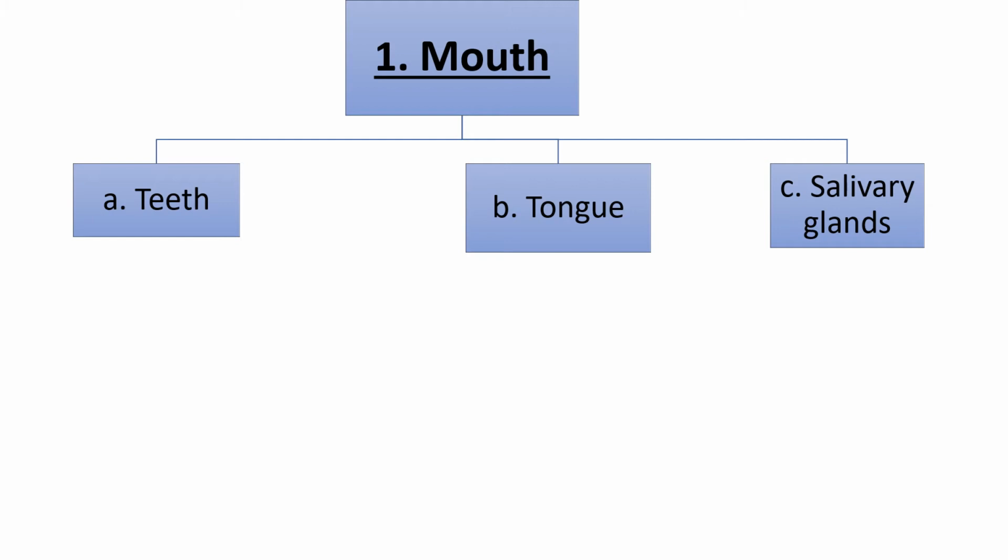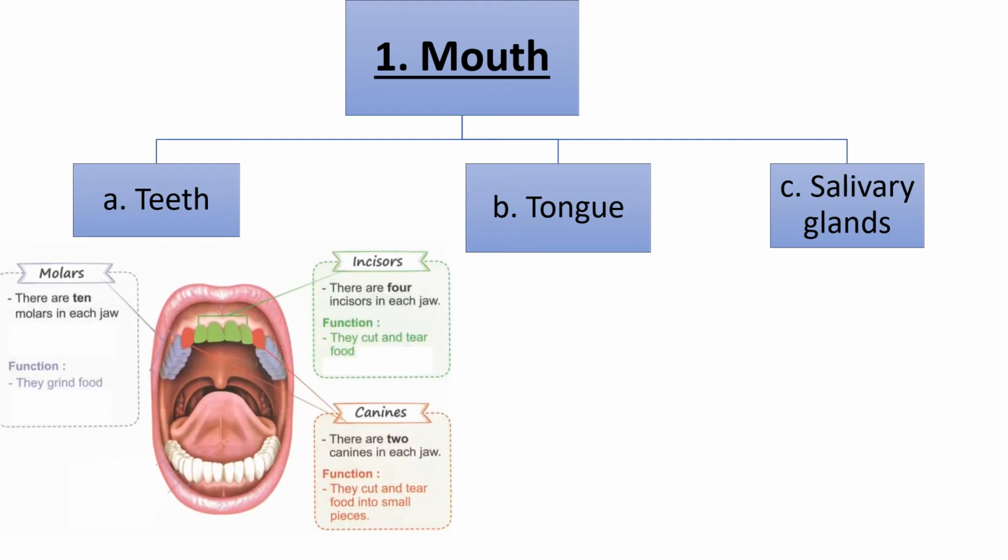Mouth. The mouth is a cavity that has teeth, tongue, and salivary glands. Teeth are divided into incisors, canines, and molars.